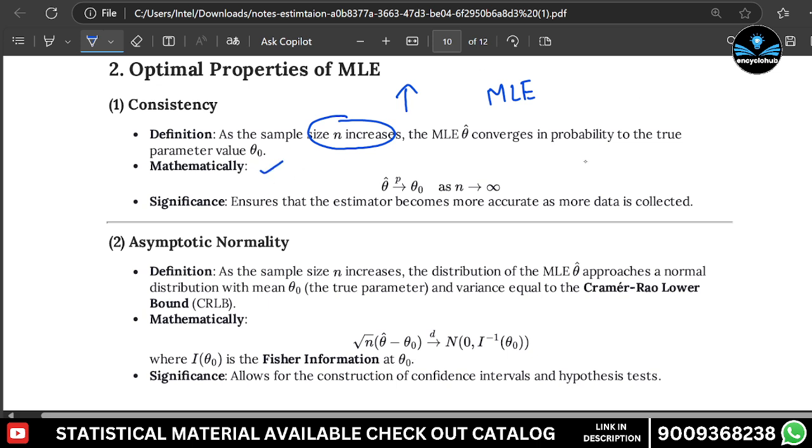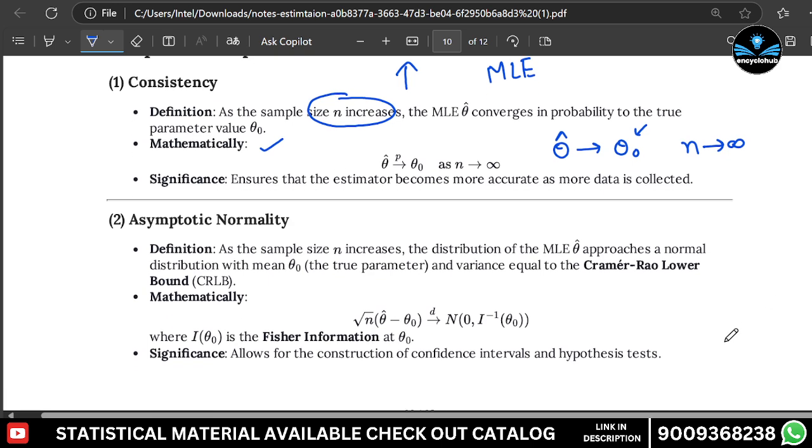Mathematically, we can say the sample statistic tends to the true parameter when n tends to infinity. It is called consistency and ensures that the estimator becomes more accurate as more data is collected.